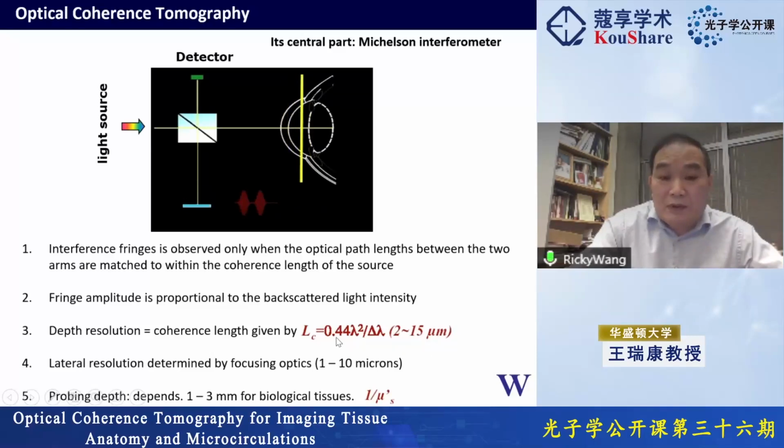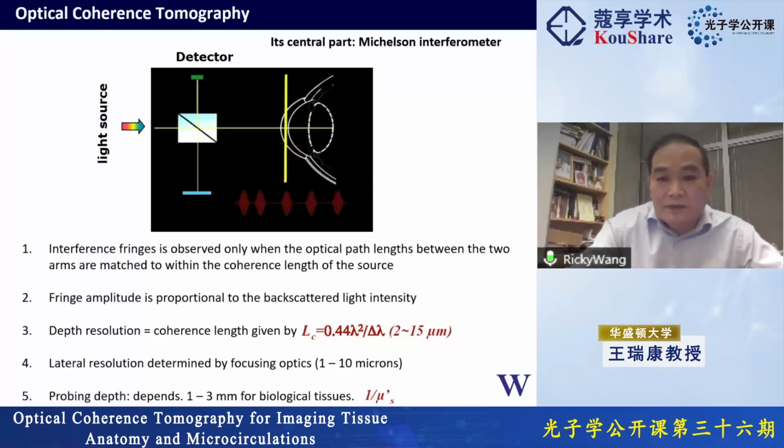One important point you need to know is that in the OCT system, the axial resolution and the lateral resolution are decoupled. It is unlike confocal microscopy or multiphoton microscopy or even optical microscopy, where the axial resolution and the lateral resolution are coupled.